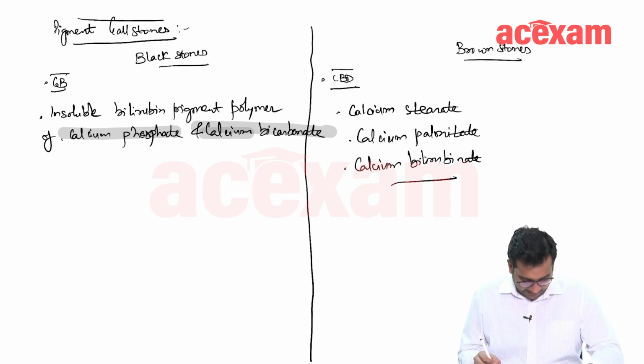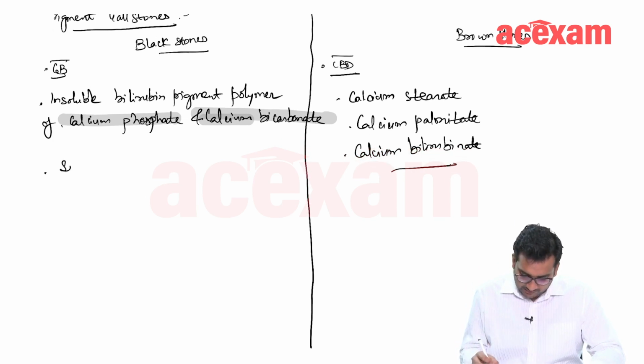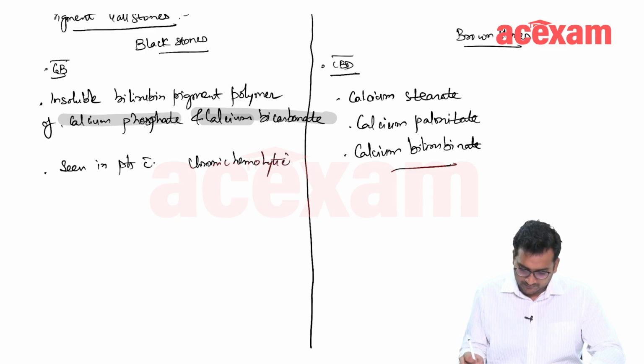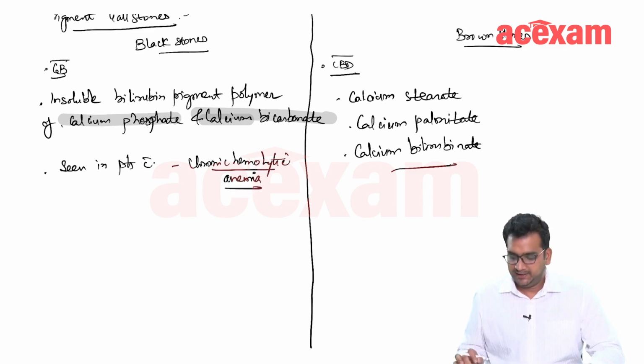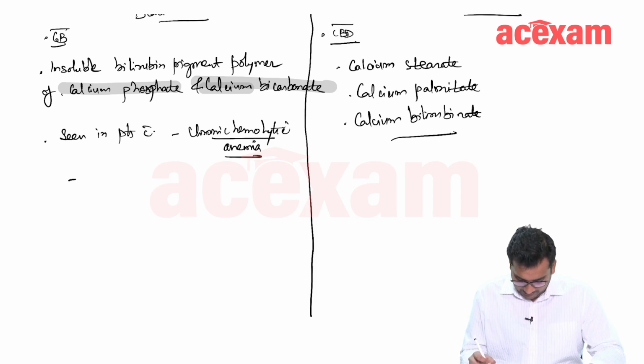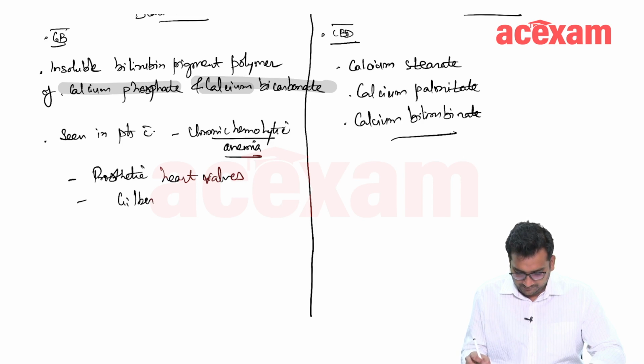Now these black stones are seen in patients with chronic hemolytic anemia, prosthetic heart valves, and Gilbert syndrome.